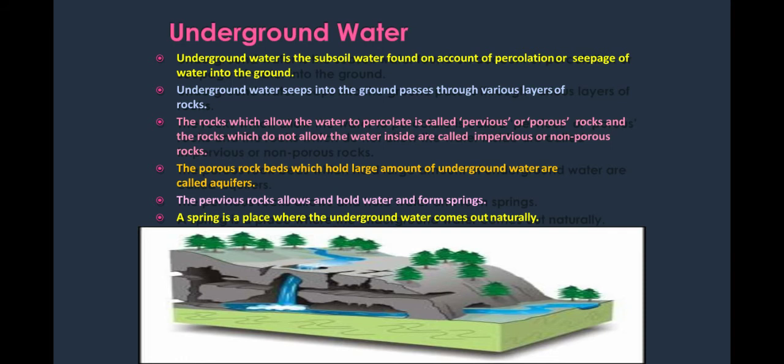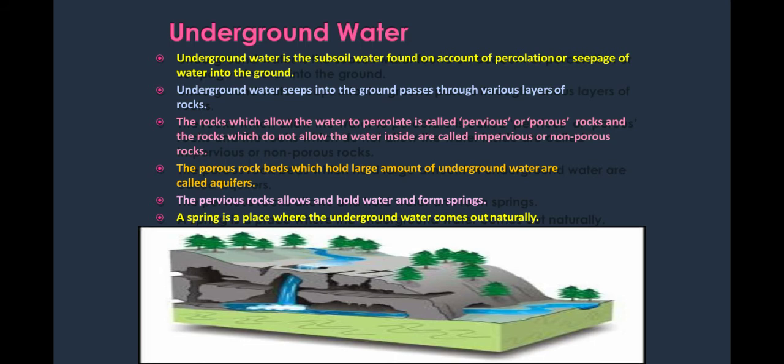So the rocks which allow the water to percolate, to pass through, are called pervious or porous rocks, and the rocks which do not allow the water inside are called impervious or non-porous rocks. The porous rock beds which hold a large amount of underground water are called aquifers.